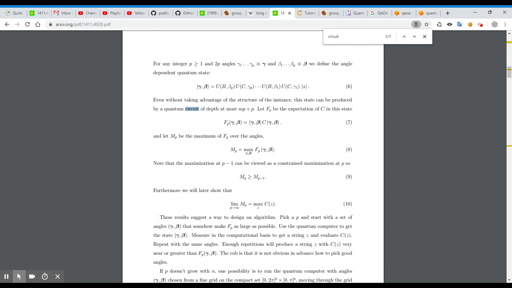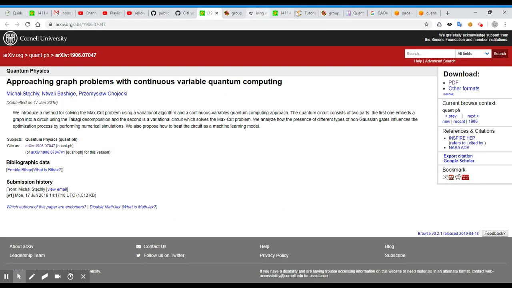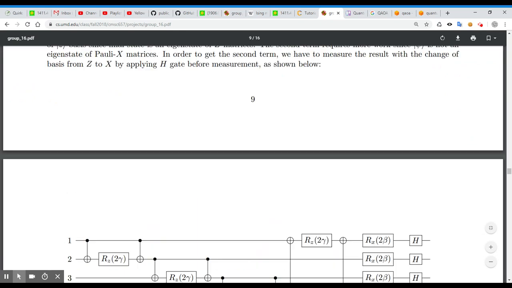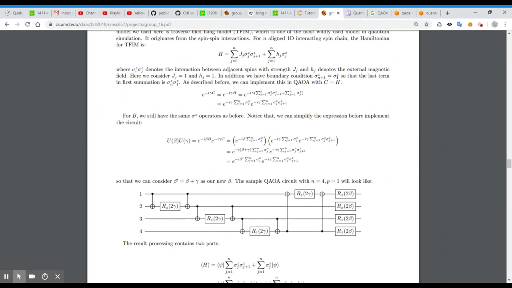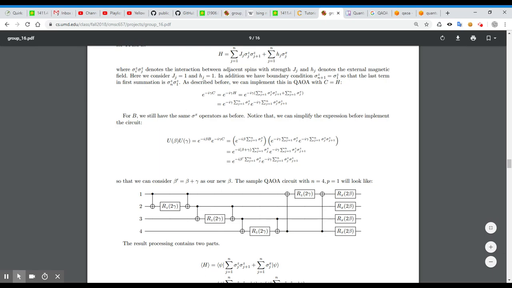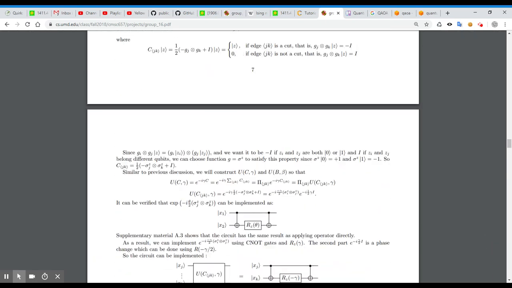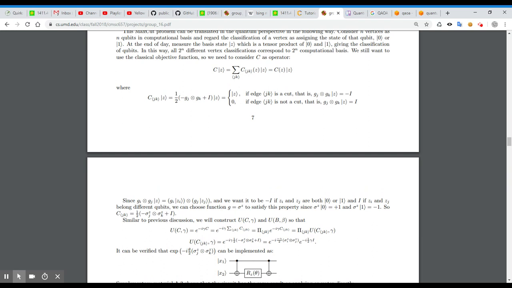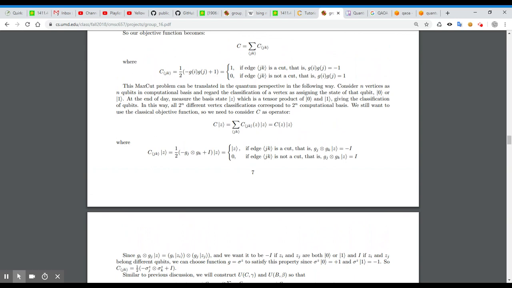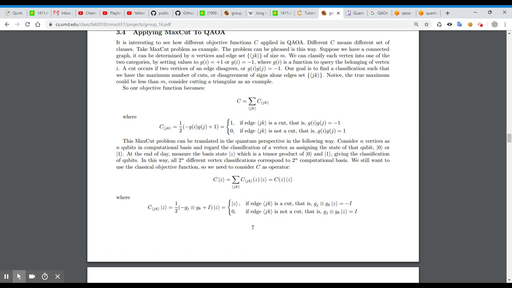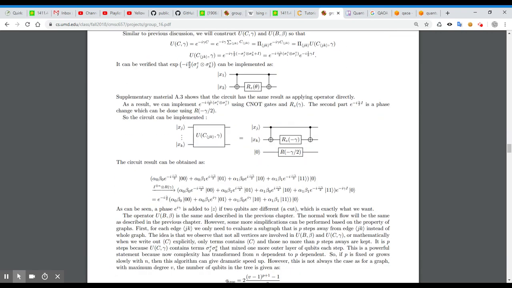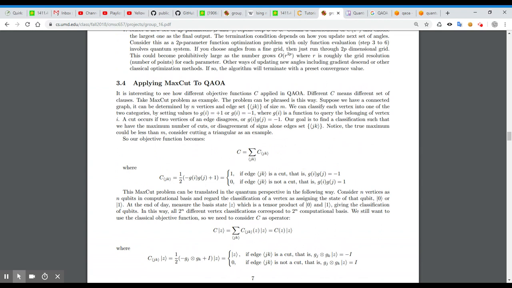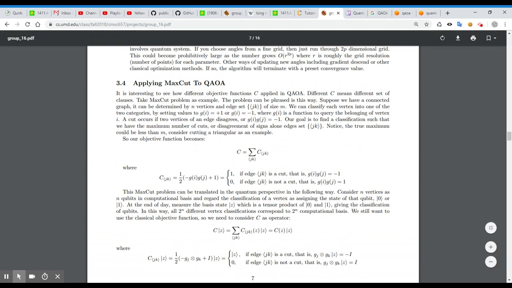Define angle dependent quantum state. Because then there's this introduction paper here, where they go through the actual example. Yeah, I think that is basically problem dependent, how you build that, right? But that's the idea. It's interesting how different objective functions C apply to QAOA.